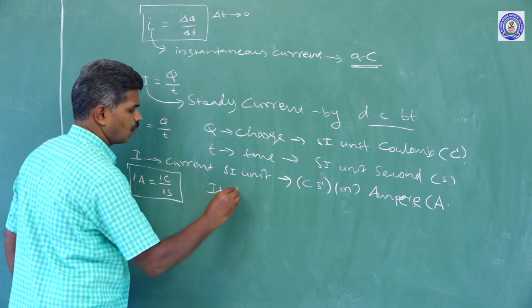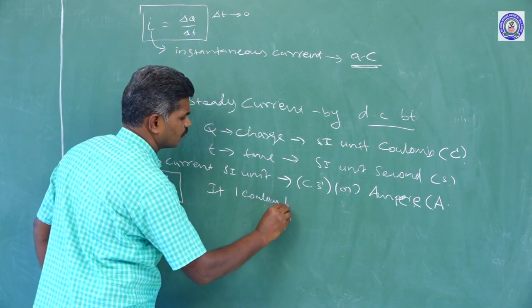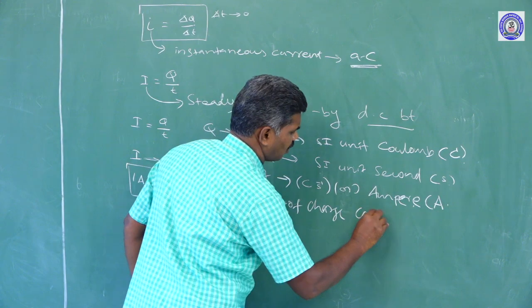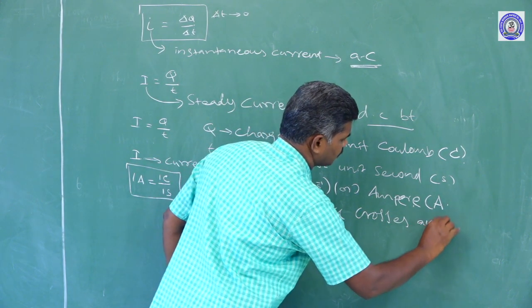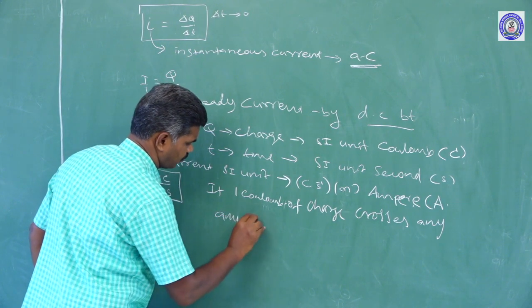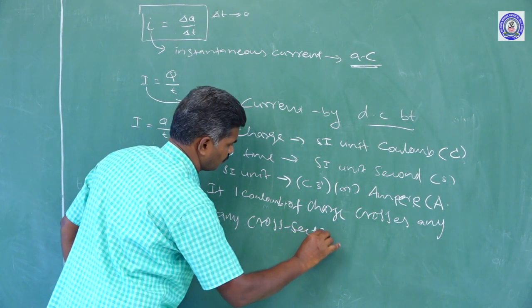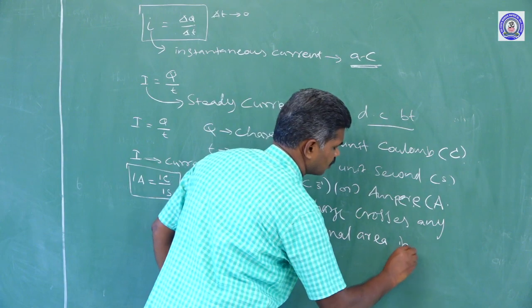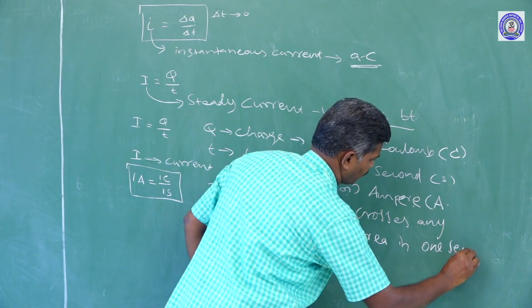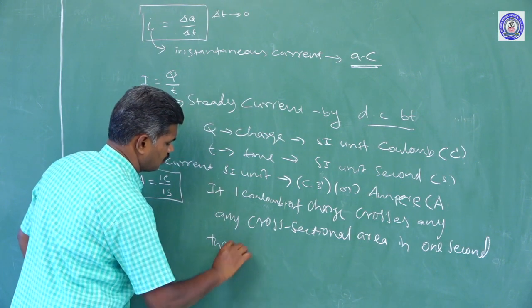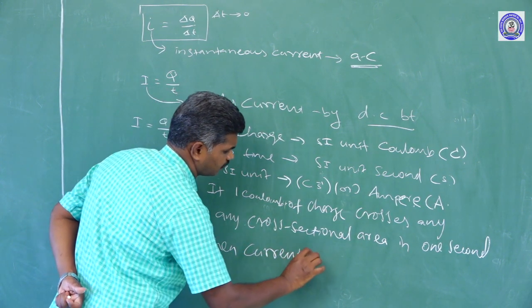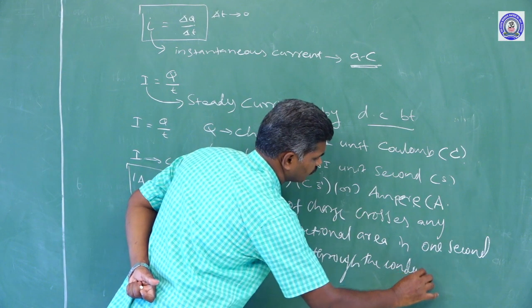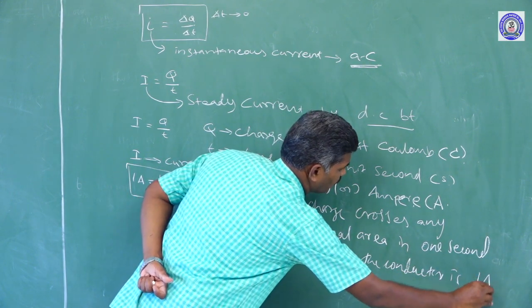If 1 coulomb of charge crosses any cross sectional area in 1 second, then the current through the conductor is 1 ampere.